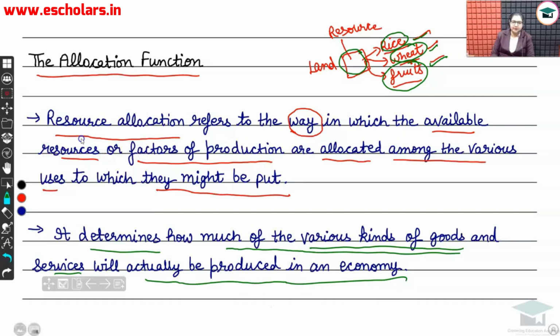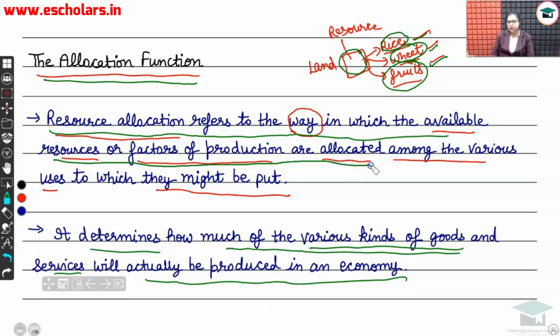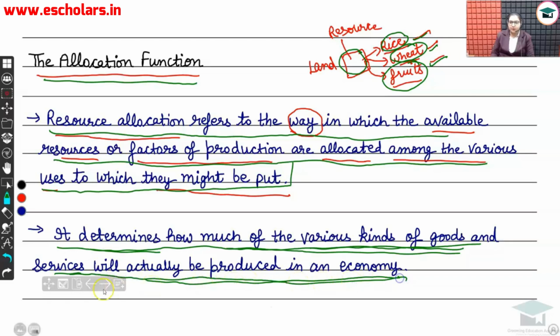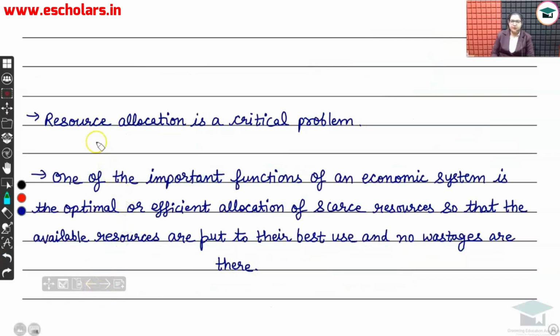So let's recall it till now. The allocation function. Resource allocation refers to the way in which the available resources or factors of production are allocated among the various uses to which they might be put. It determines how much of the various kinds of goods and services will actually be produced in an economy. Now further we have that resource allocation is a critical problem. Why is it so?